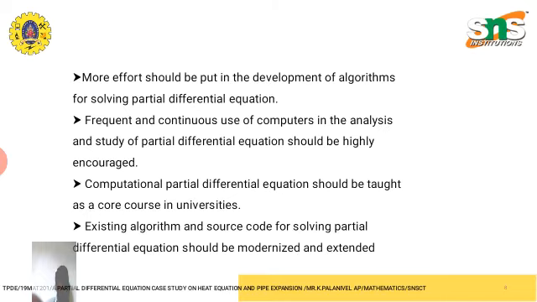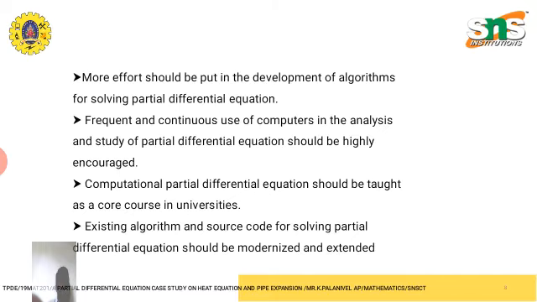When a problem such as our problem u of x comma t is posed, one can look for product solutions in the form u of x comma t equals X of x times T of t. These solutions can be found by inserting X of x T of t into the partial differential equation for the variable u and then separating the variables so that each side of the equation depends on only one variable.